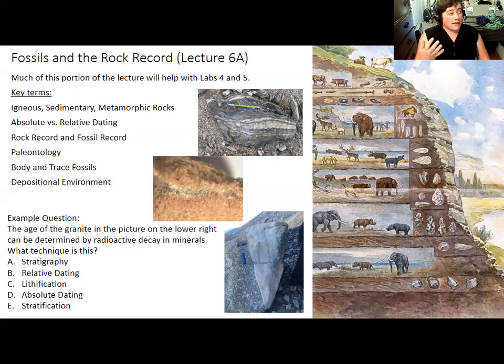Is that giving us the date at which the sandstone formed, or is that giving us the date at which the igneous rock that eroded to form that sandstone first formed? So it gives us the date that the rock that eroded to form the sandstone formed.